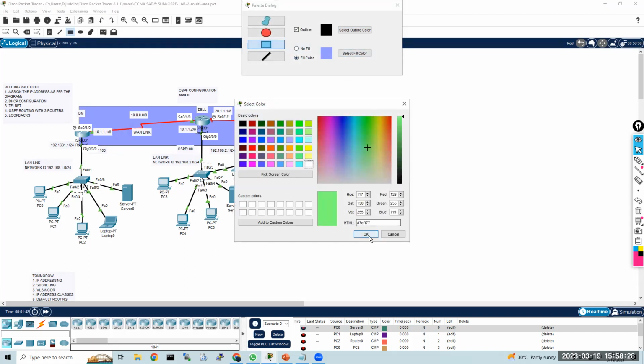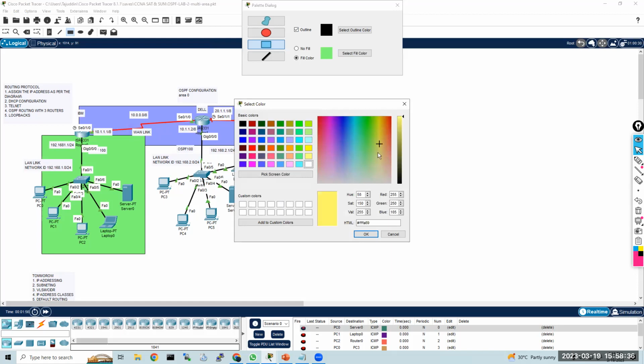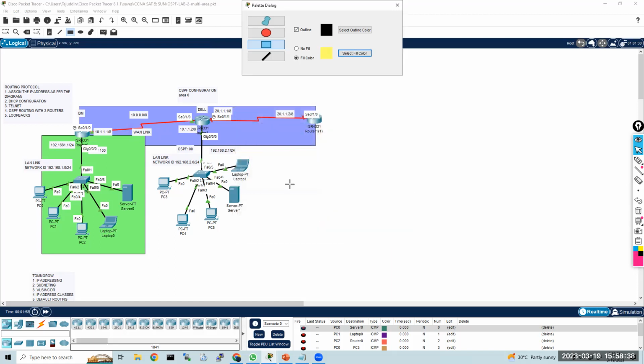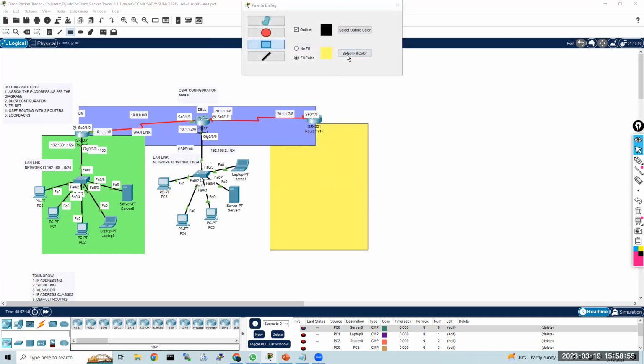And the green color, this guy is your area 1. And this guy, I'll put in area 2. Understood, guys? I think this also belongs to the same area, so we should take the same color.